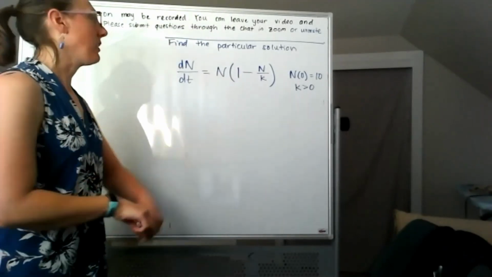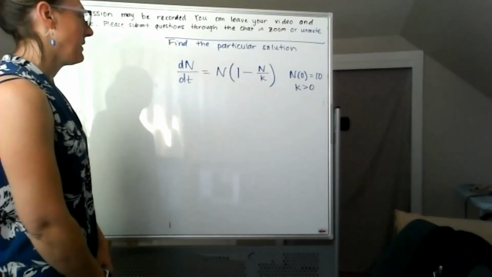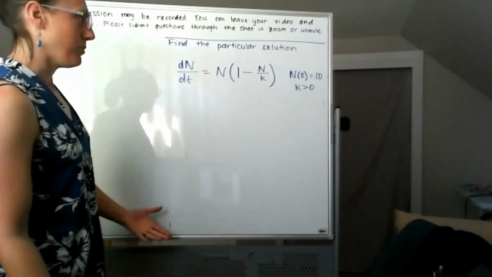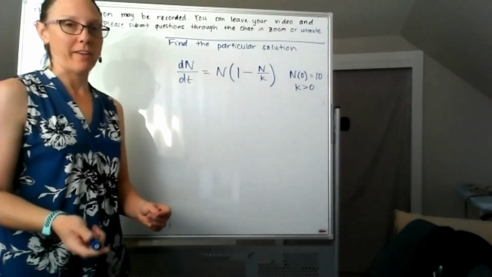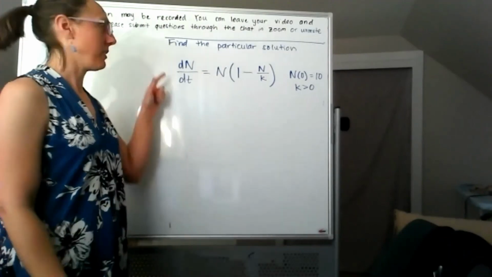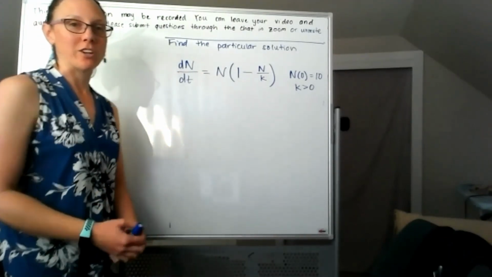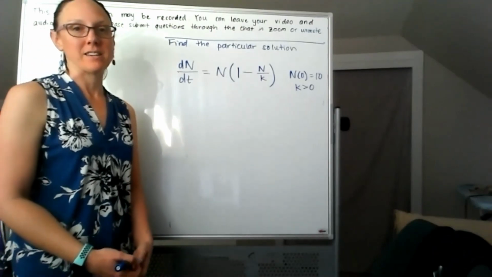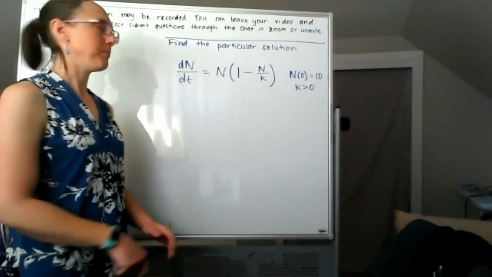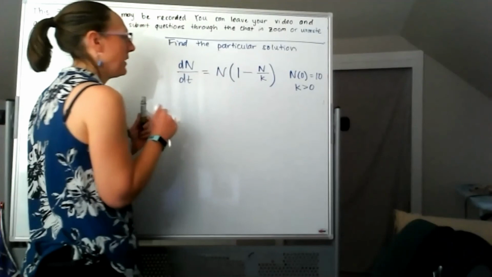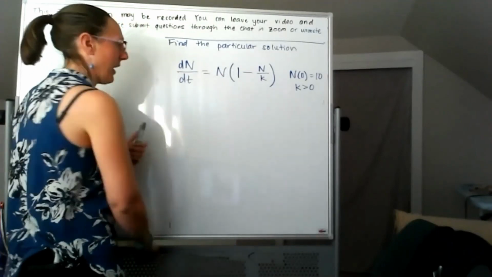So solving this differential equation, and by the way, what makes it a differential equation? There's a derivative and an equal sign. So solving this equation is the same thing as asking us to find the antiderivative. So I lied.